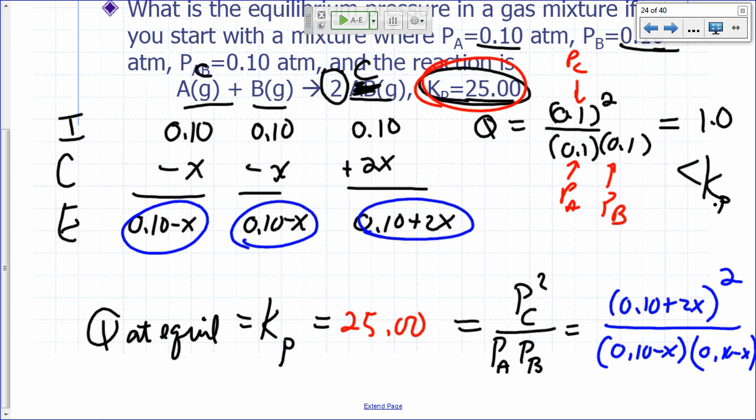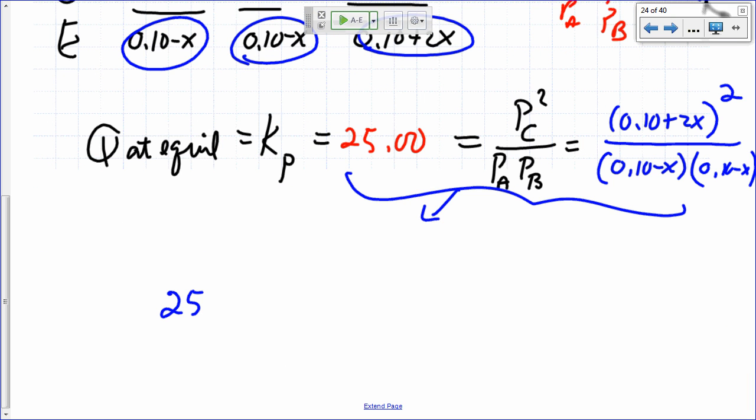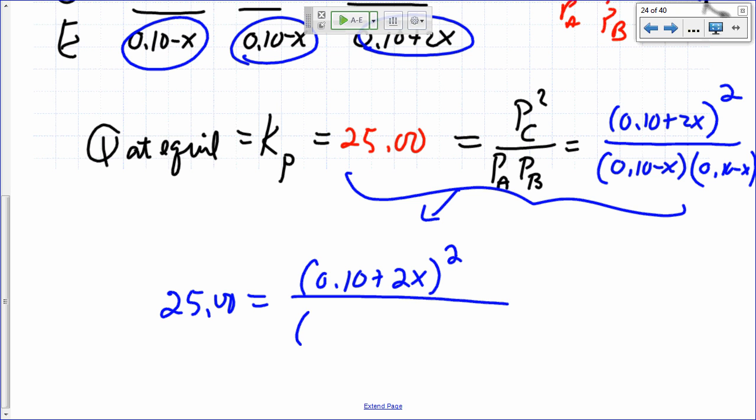So here's the equation we need to solve. Let's rewrite this: 25.00 equals (0.10 plus 2x) squared divided by (0.10 minus x), and that's just going to be squared, right? These two are the same, so I can just combine those two to make it squared. How do I solve for x here?